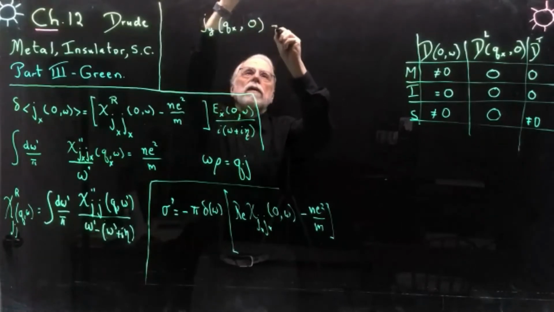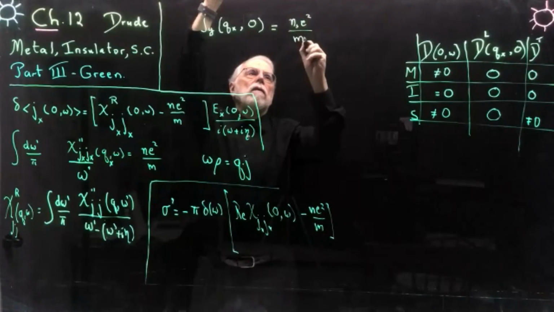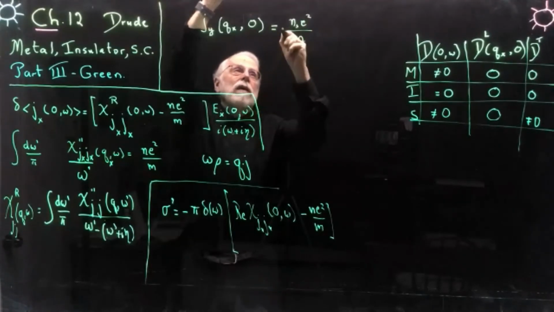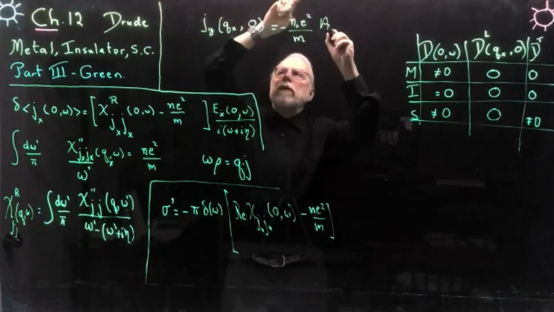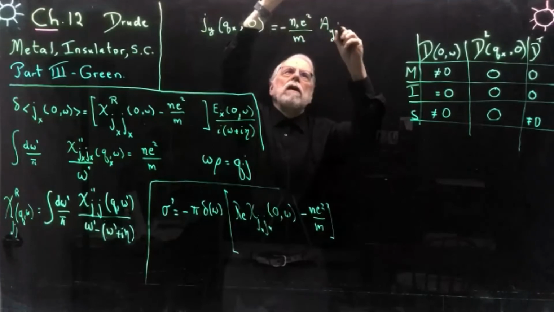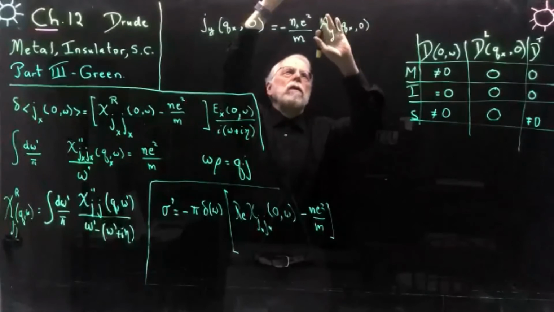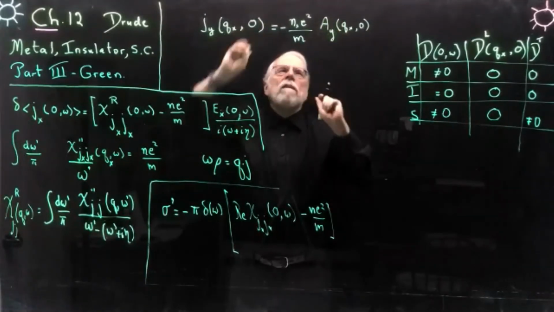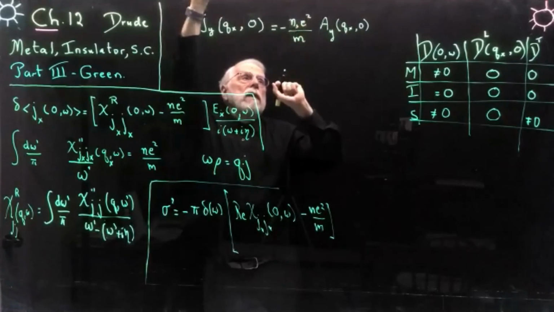J of q_x is equal to minus n_s e squared over m times the vector potential in the y direction at q_x. Okay, I'll show you why that should be the answer.